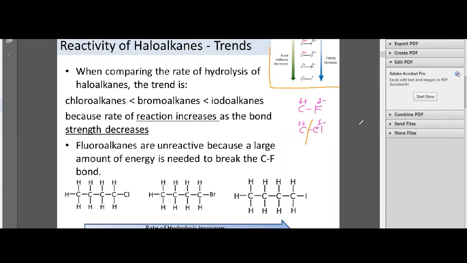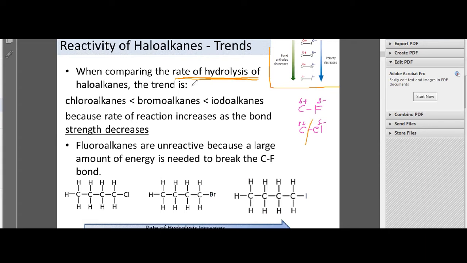So if you compare the rate of hydrolysis of halogenoalkane, rate of hydrolysis means the rate of breaking the C-X bond by water molecule. Once again, breaking the C-X bond with water molecule is what we call hydrolysis.